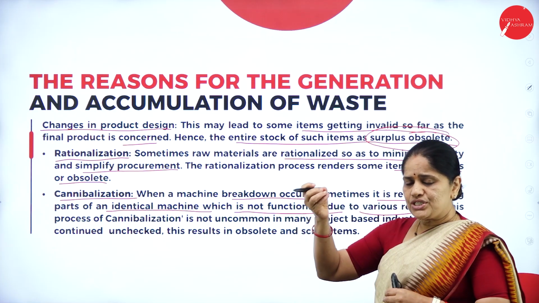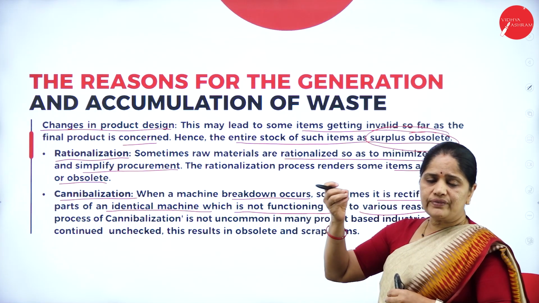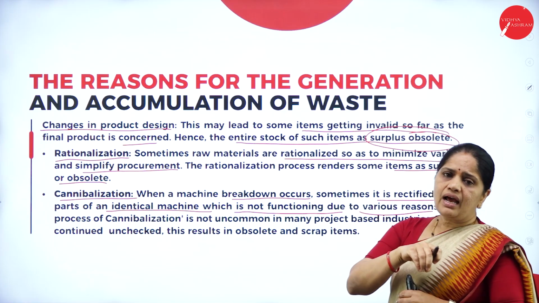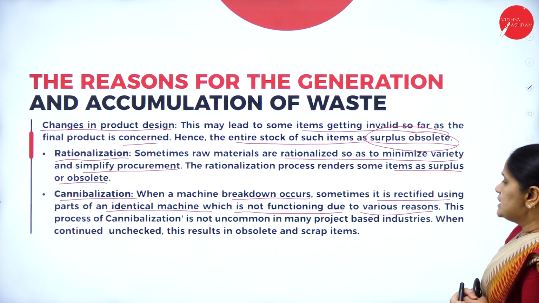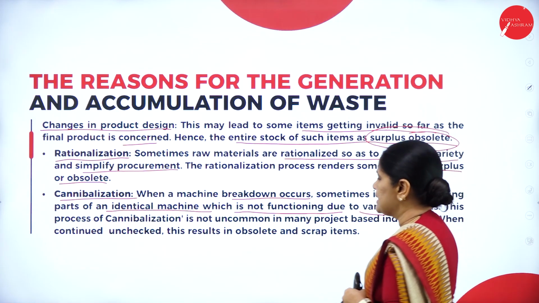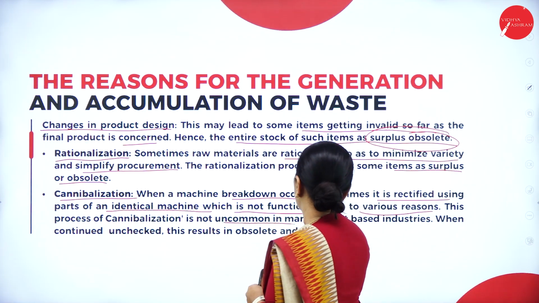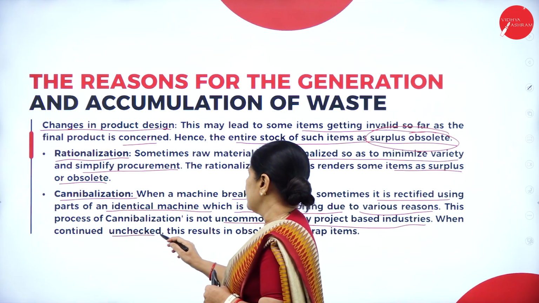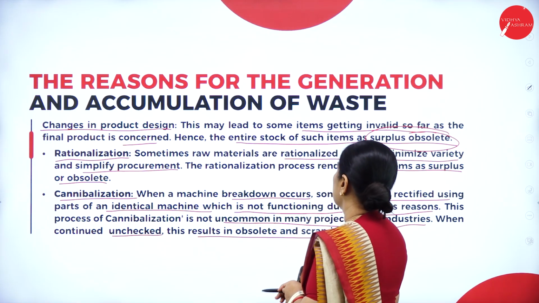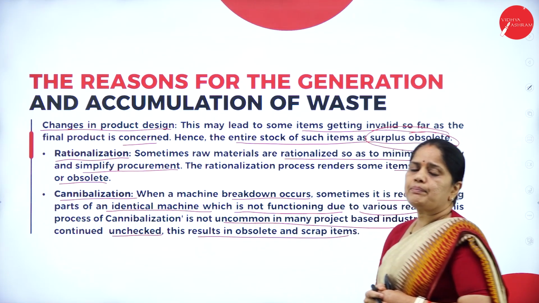The parts of the old machine will be taken to set right the new machine. This process of cannibalization is not uncommon in many project-based industries. When continued unchecked, this results in obsolete and scrap items.